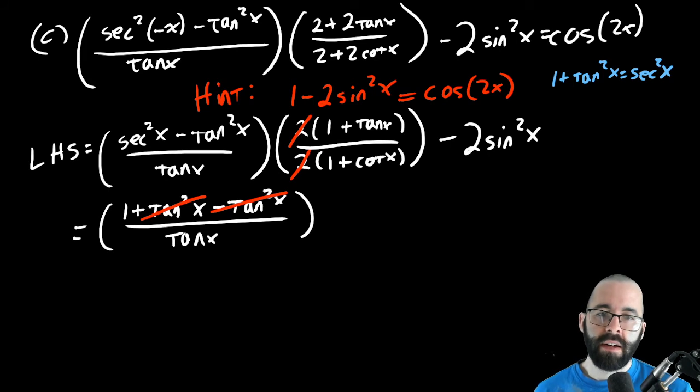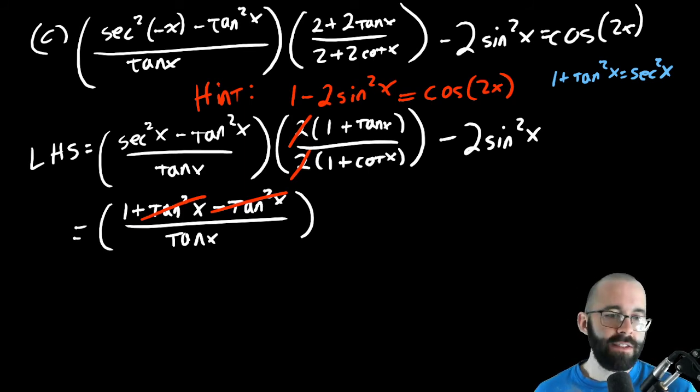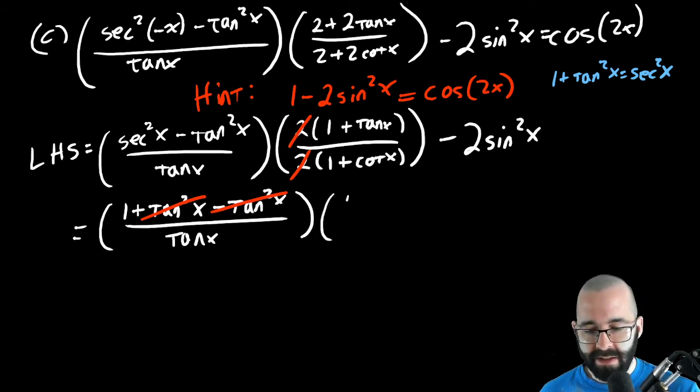All right. And you can either wait on the second fraction or just get going on the second fraction. It's up to you. Let's wait. You could simplify the second fraction, but I just want to show something. They're both fine. Again, there's a bunch of different ways of doing these things.